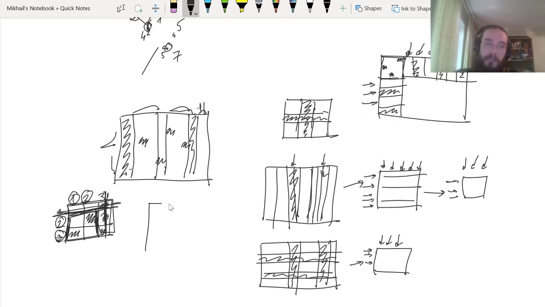So maybe we can just count how many states we can have in the end, if every cell has to be colored from its initial position.